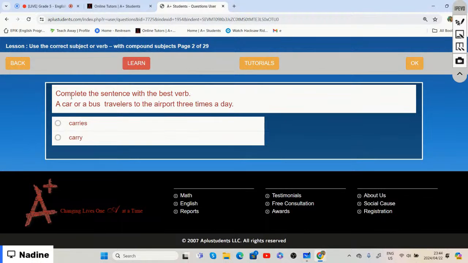A car or a bus. A car or a bus carries travelers to the airport 3 times a day, or they carry travelers to the airport 3 times a day. Which one is correct?